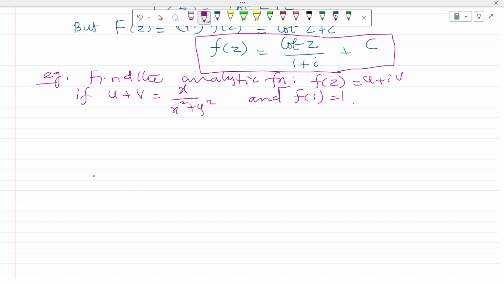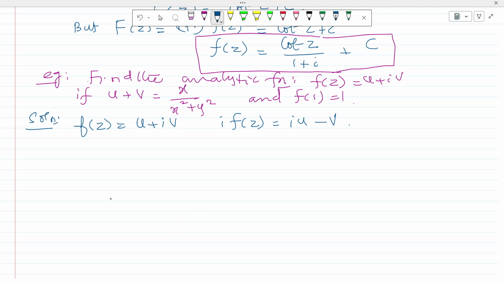So how to solve this? For both problems, you have to start with f of z. F of z equals u plus iv. Then multiply both sides with i: i f of z equals iu minus v. These two equations are there.